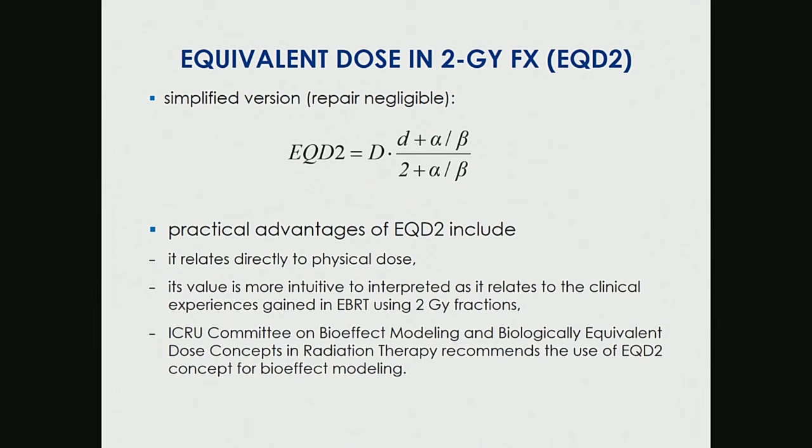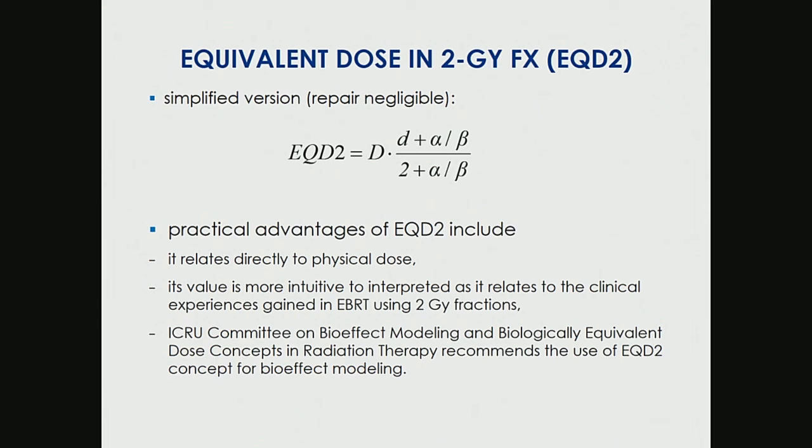Unlike BED, EQD2 is directly related to dose. So it gives an intuitive feeling about what the treatment is, compared to the experience we gain from delivering external beam in 2 Gray fractions. For this reason, ICRU and GEC-ESTRO have recommended using EQD2 for bioeffect calculation and for reporting.